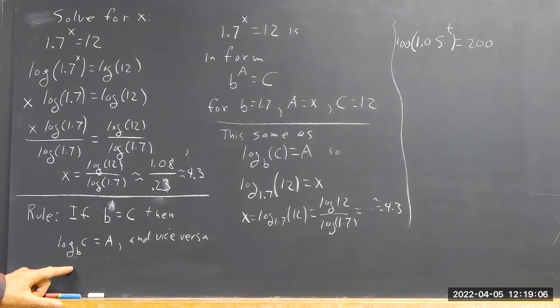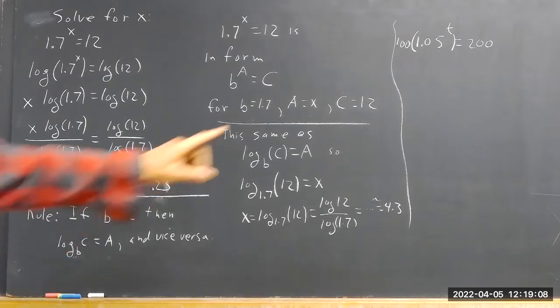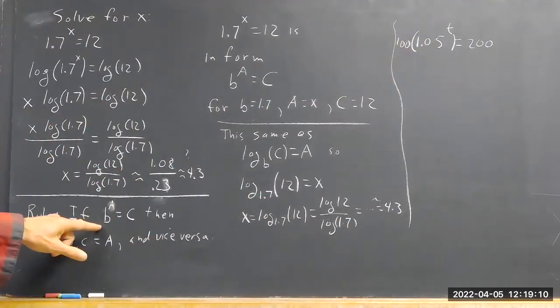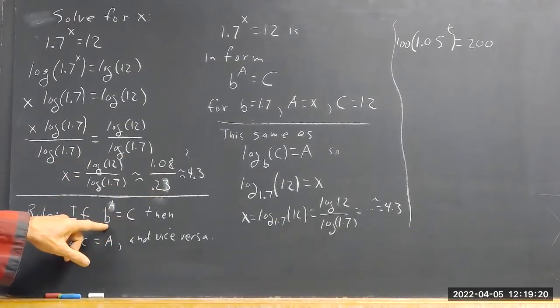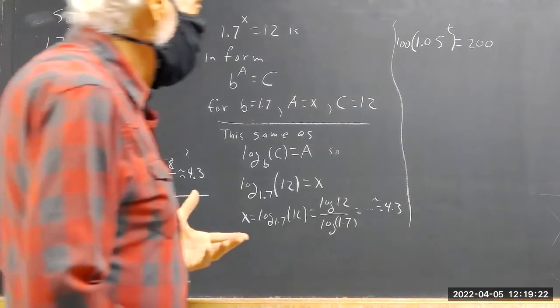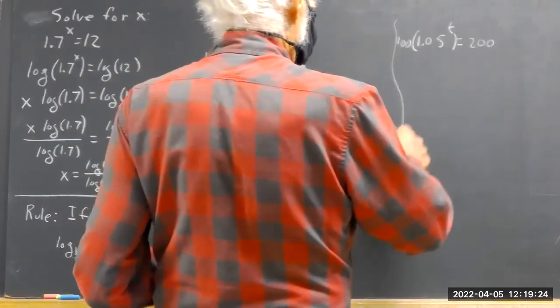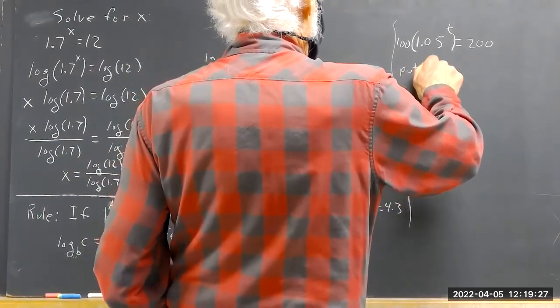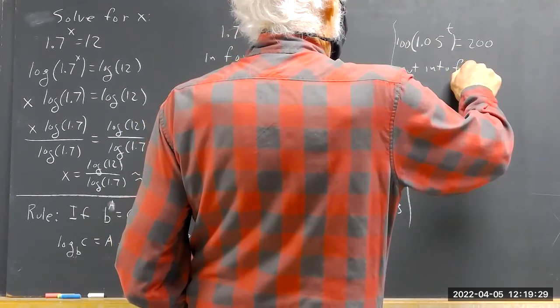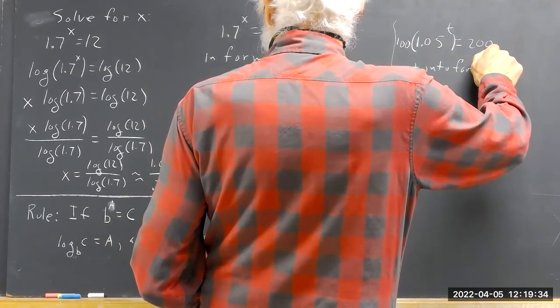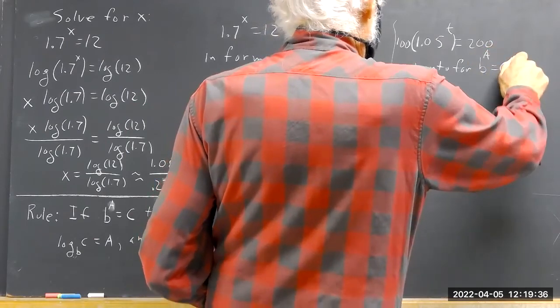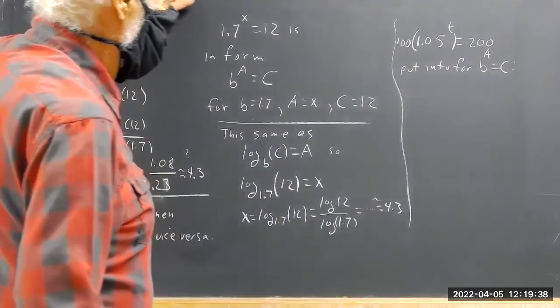It's not in either form because you do have a 1.05 to the t, which means you're looking at this, but you don't have a number in front of b here, right? So it's not quite in that form. You can't have a number in front of b. So what we do is put it into the form b to the a equals c.